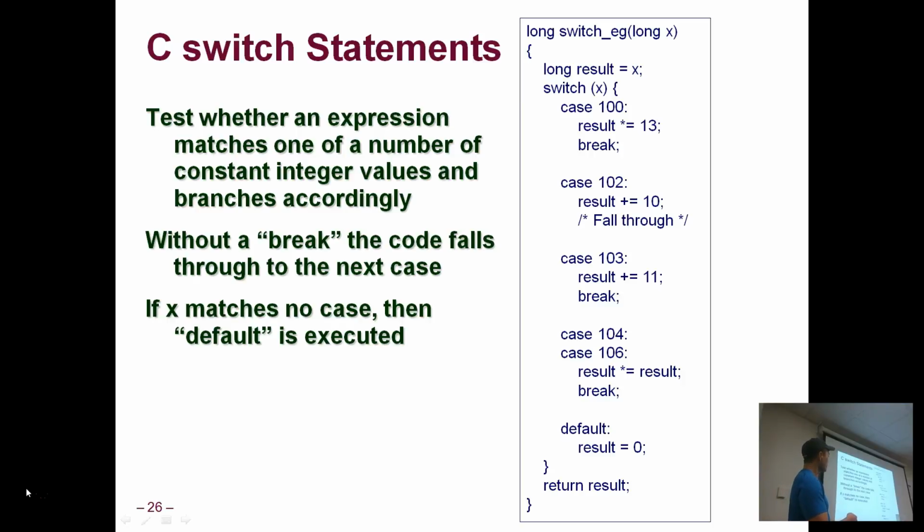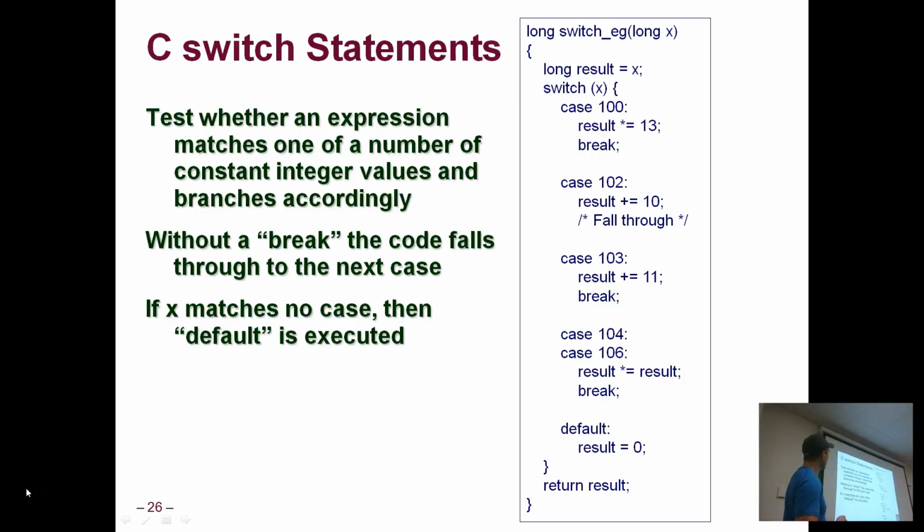If you don't see the break, then this case, for example, will just fall through to the next one, and then we'll break on case 103's break. And then for switch statements, if you don't match any of these labels, then you execute the default label, which is down here at the bottom. All right. Does everyone recall switch statements? It's sort of unique to C. I don't know many other languages that do this kind of thing.